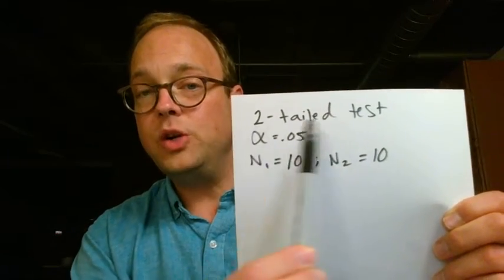Also, two-tailed test, how do you know if you need a two-tailed test or a one-tailed test? Well, it's dictated by your hypotheses. Your reading of the hypothesis will indicate whether you need a one-tailed test or a two-tailed test.